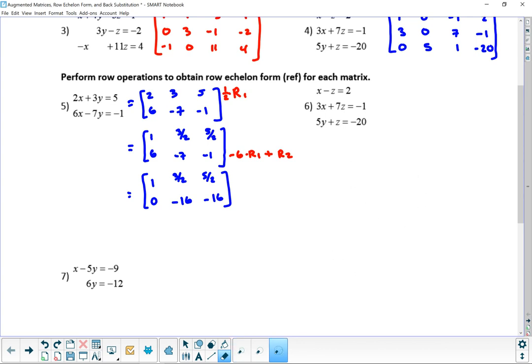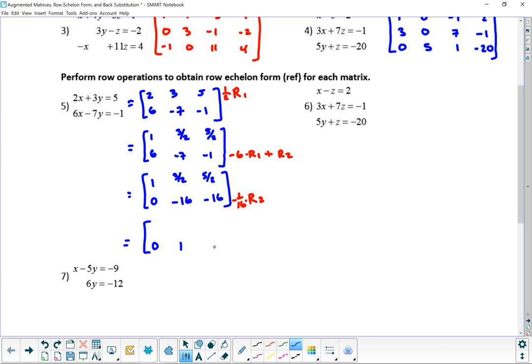Now I'm going to take row 2 and multiply it by -1/16. By doing that, -1/16 times 0 is 0, and -1/16 times -16 is 1.